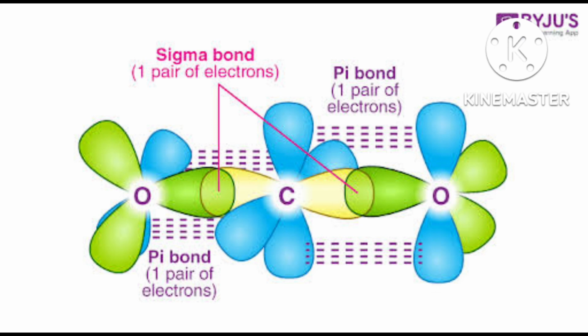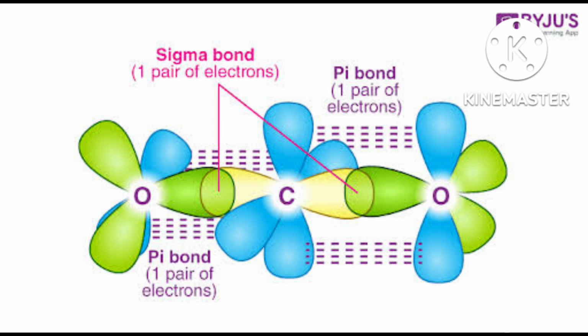The orbitals formed due to sidewise overlapping consist of two saucer type charged clouds above and below the plane of participating atoms. Saucer type, what I told you as lobe: upper lobe, lower lobe.